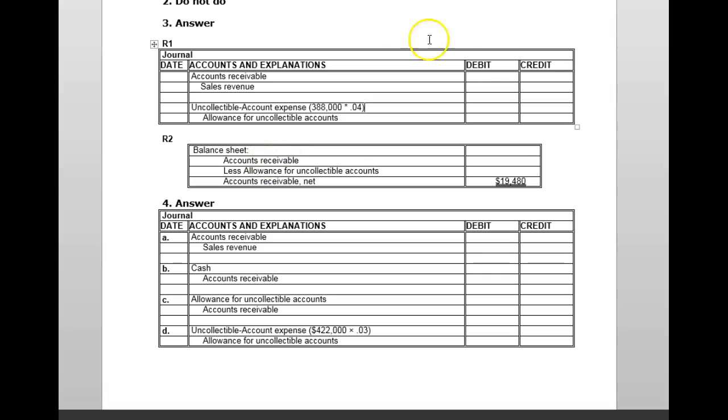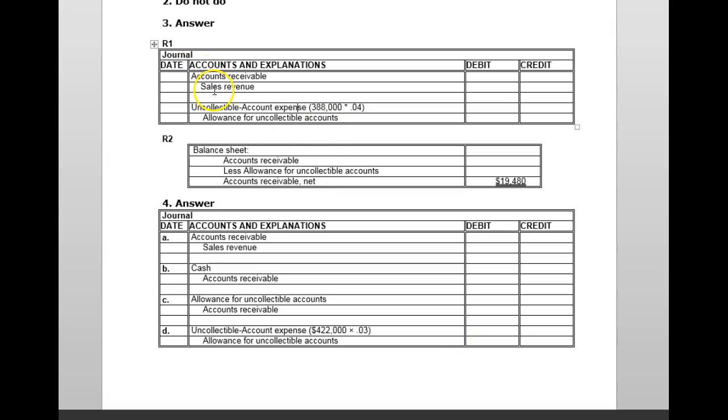So they're saying that we have accounts receivable of X, which is 388,000, and we expect to collect a certain amount of that. And I believe at the end of the year the accounts receivable was at 35,000, if I'm reading the problem correctly, less what we consider to be uncollectible of that amount.